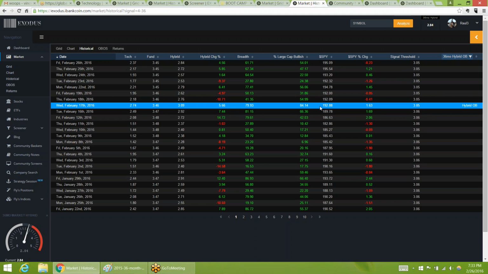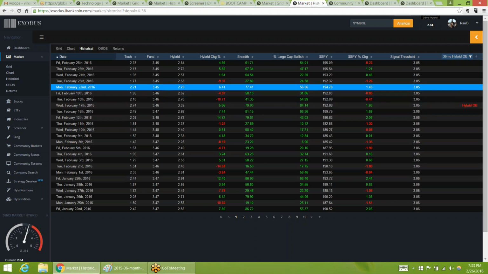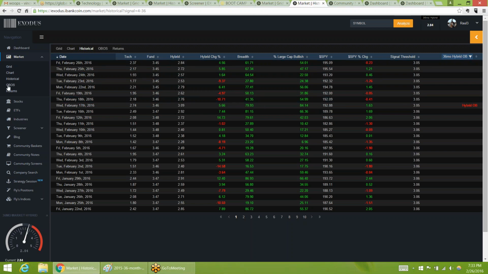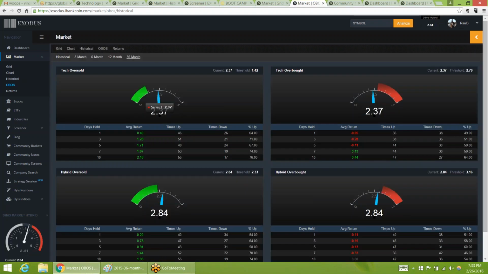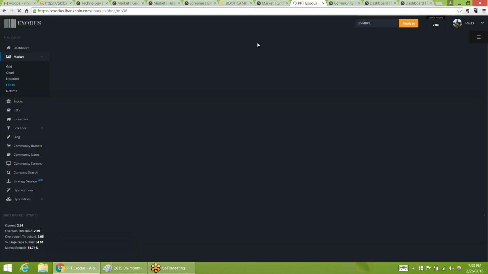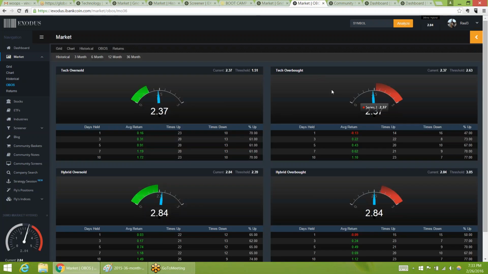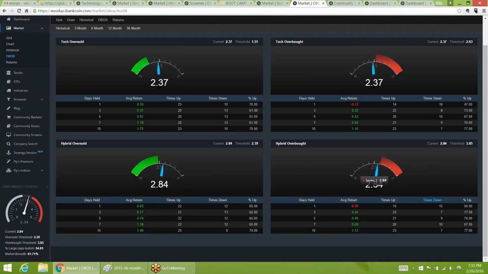Wednesday. So I came in on the tail end of this, and although the hybrid overbought doesn't have incredibly successful stats yet, if the market is in fact changing its behavior, you'll see these overbought stats start to improve.